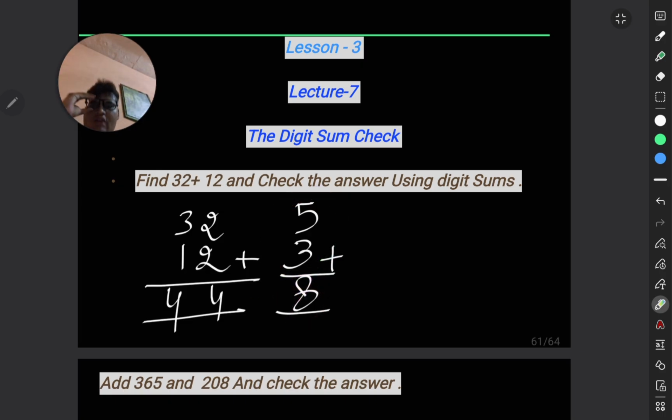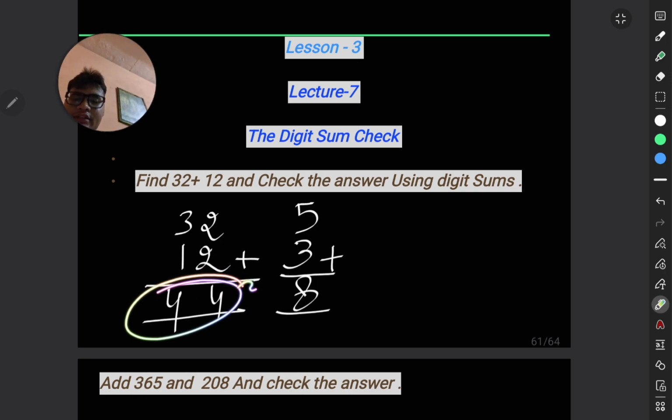Now we find the digit sum of the answer. Here the answer is 44, which has two digits, and we add them: 4 plus 4 will be 8.